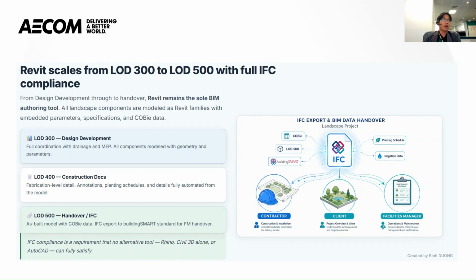At this point the model includes COBie data for manufacturing and facility management. IFC compliance is a requirement that no alternative tool, like Rhino, Civil 3D alone, or AutoCAD, can fully satisfy. We have to go with Revit only.